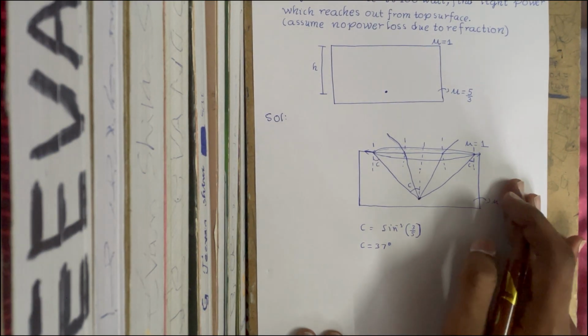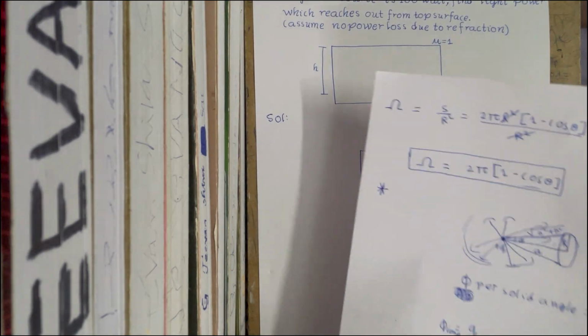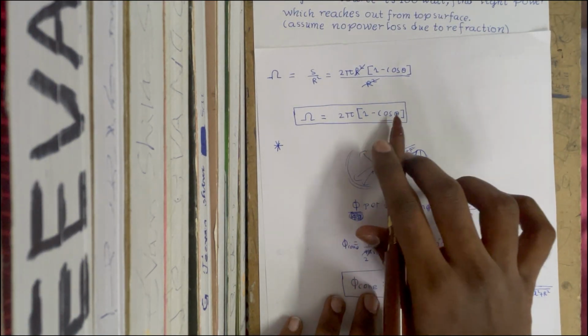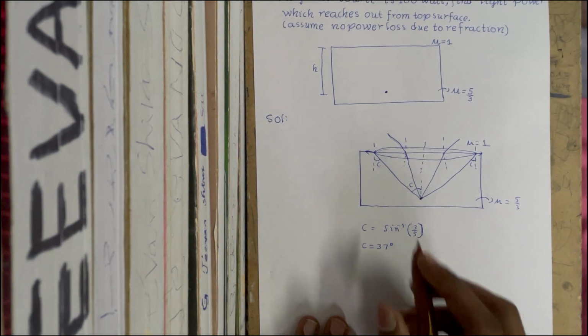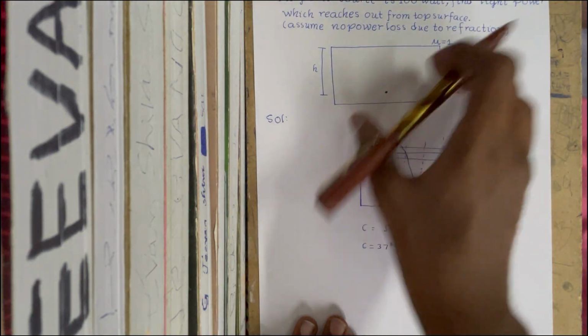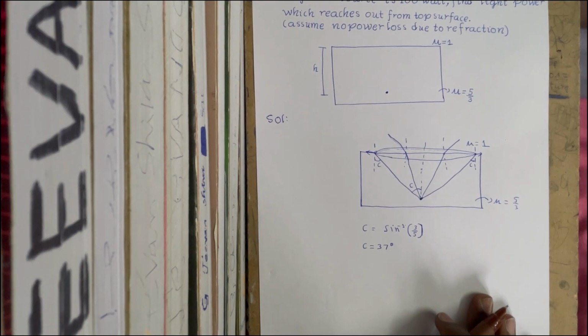So we can use the result we previously got. Solid angle equals 2 pi of 1 minus cos theta. So if 100 watts was in all directions, we found the solid angle for a closed surface was 4 pi, right?